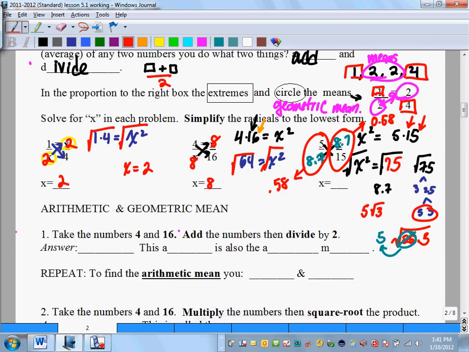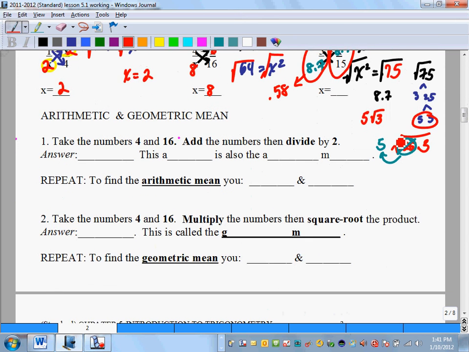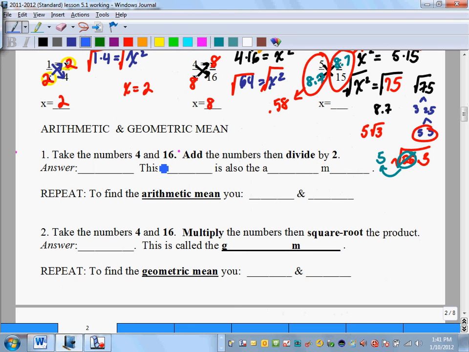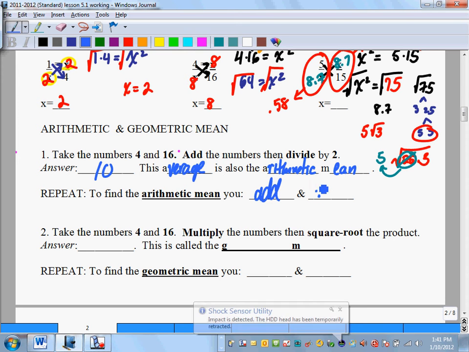Okay, so let's recap here. If we take these two numbers and we add and divide by 2, we get 10. This is called an average. It's also called the arithmetic mean. To find the arithmetic mean, you add and divide.